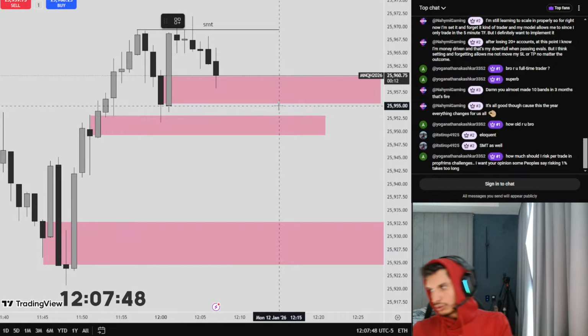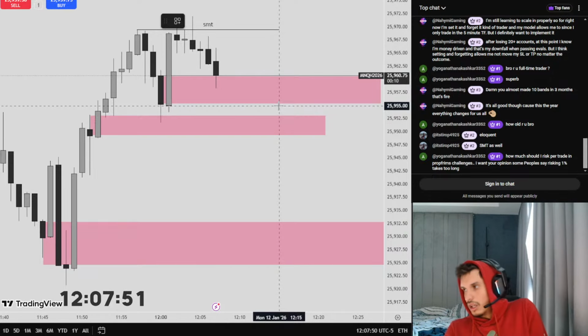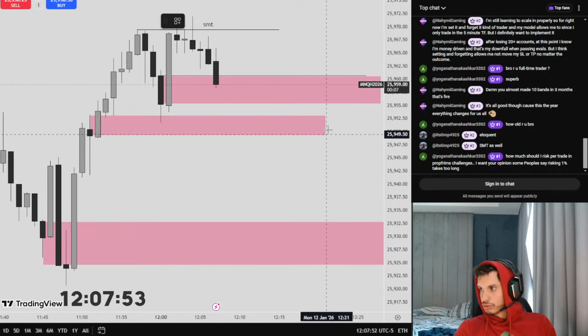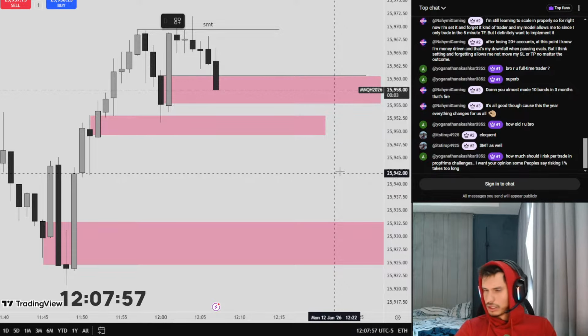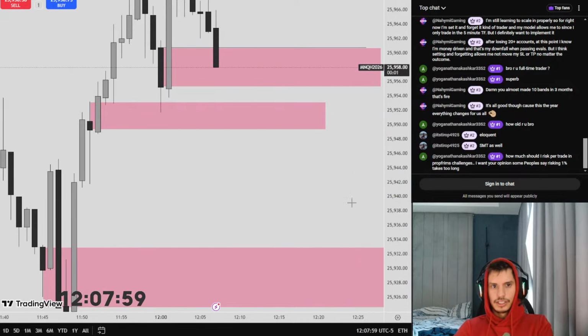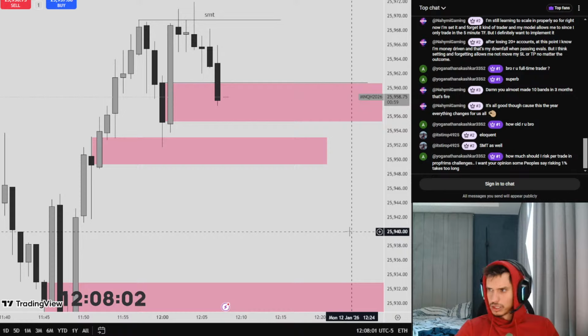Now let's see if it holds. Need to wait for candles to close. Getting a nice shift. Nice shift. Beautiful.